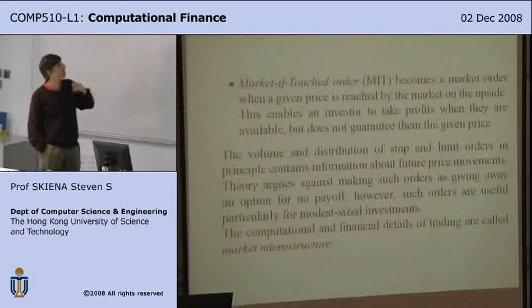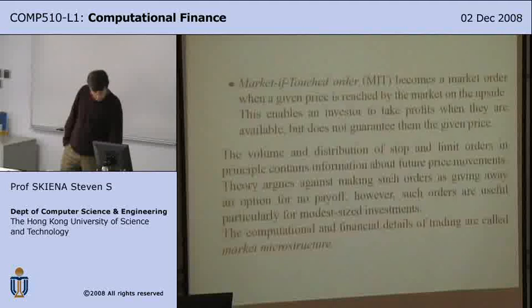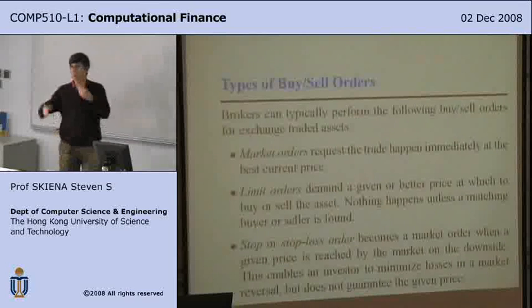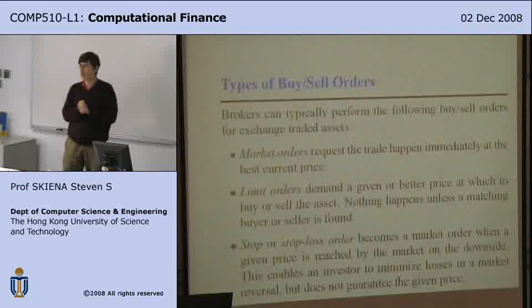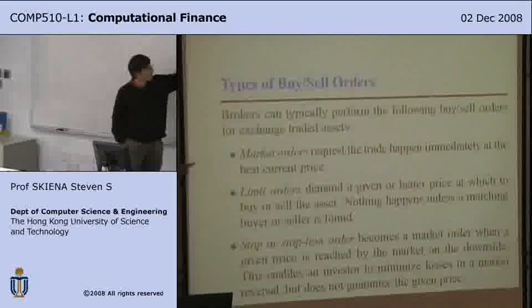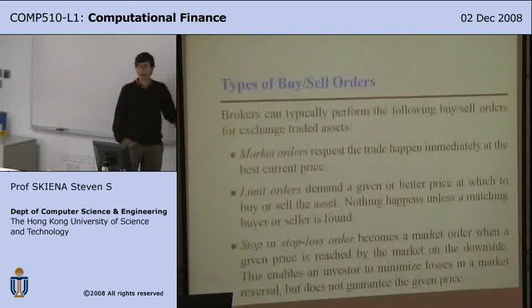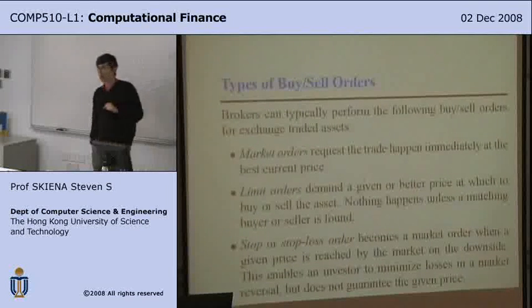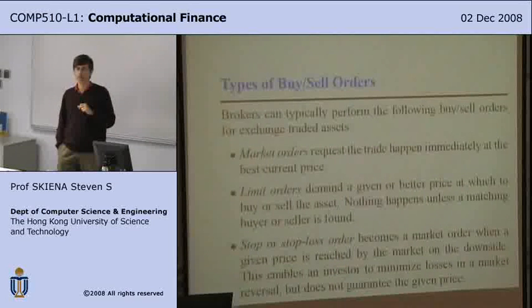If it keeps going up, maybe I'll get more than that, but regardless, sell at that point. So the market if touched order and the stop loss order are symmetrical things, one on the upside and one on the downside. But the bigger difference is you can either buy at the current price, demand a certain price, or use a price as a trigger to decide to buy or sell.